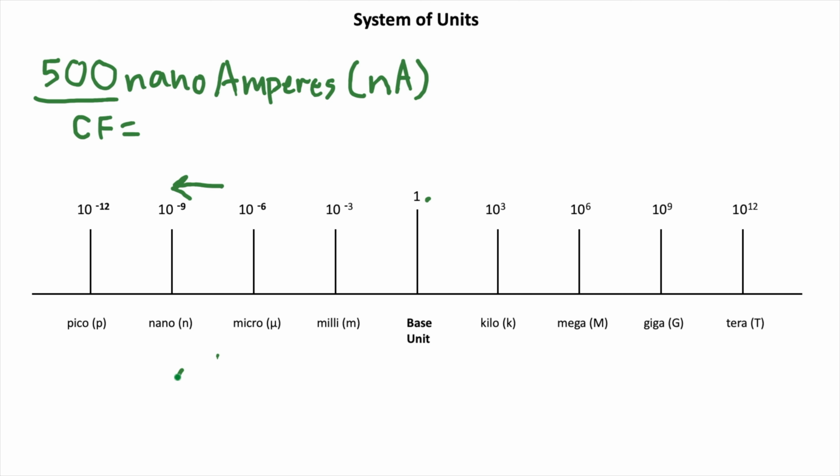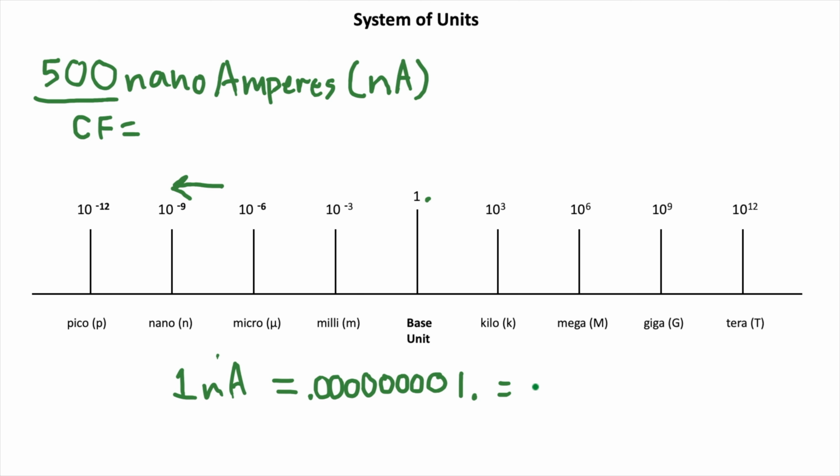What we are saying is that 1 nanoampere is equal to, if we run all the calculation, remember it's the same thing as saying we have our base unit, then we move our decimal 9 places. So 1, 2, 3, 4, 5, 6, 7, 8, and 9, and then our decimal sits right here for the final answer.